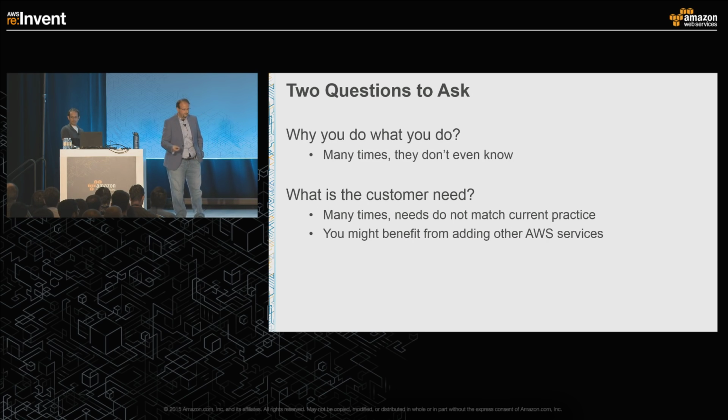You have to know. The other thing, what your customer needs. The system that was developed 10 years ago may not meet their requirements anymore. Since you're going to get a new system, why not get fresh requirements? Understand what they need now so you can implement it. And in the process, you might even benefit from using other AWS services that can make the whole package much more attractive for your customer.